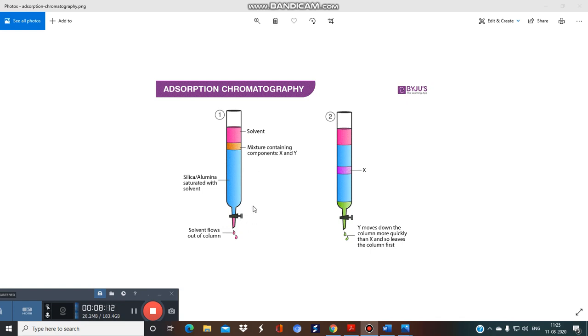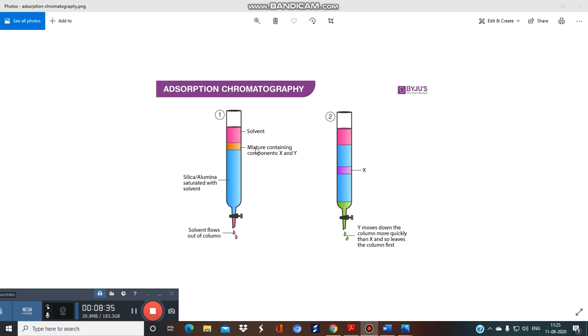So when you start this column, what will happen? Just see here, you start and the solvent flows down the column, going inside the mixture. Here the separation takes place. How? Through the affinity of the compounds present in the mixture towards the stationary phase or towards the mobile phase.